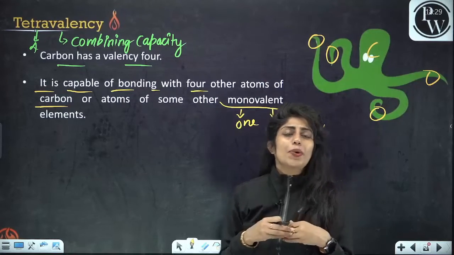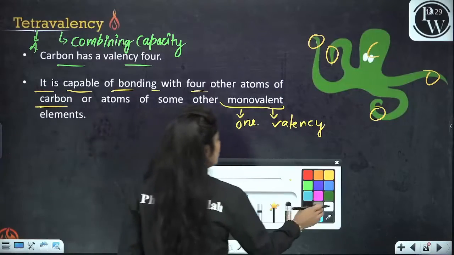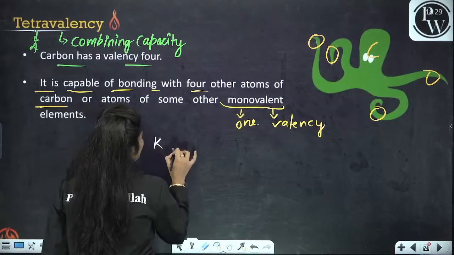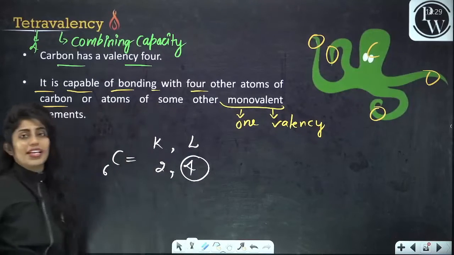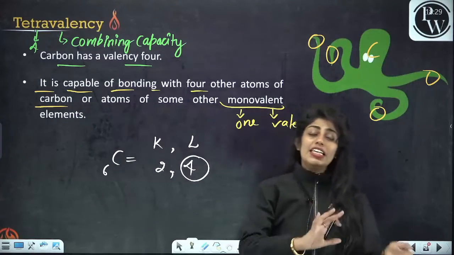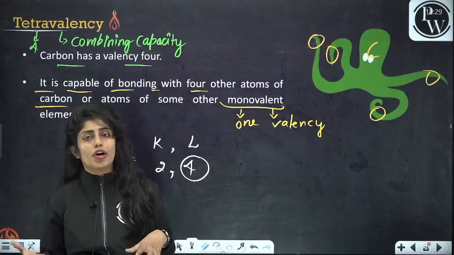Why is carbon showing tetravalency? Because carbon has 4 electrons in its outermost shell. These 4 electrons. Are we good? So basically, carbon neither loses nor gains 4 electrons in order to complete its duplet or octet.